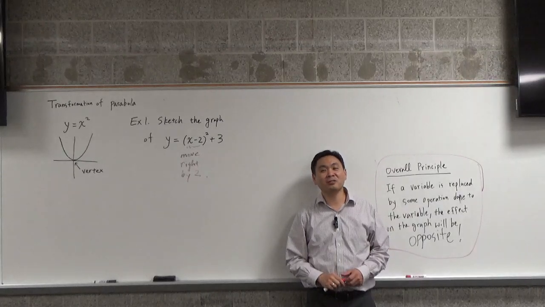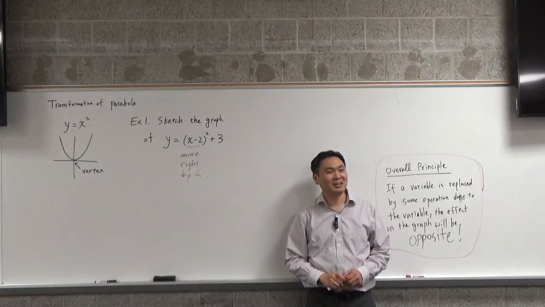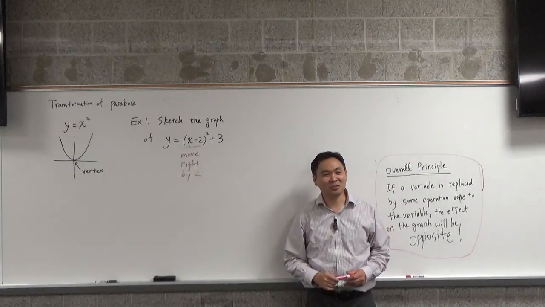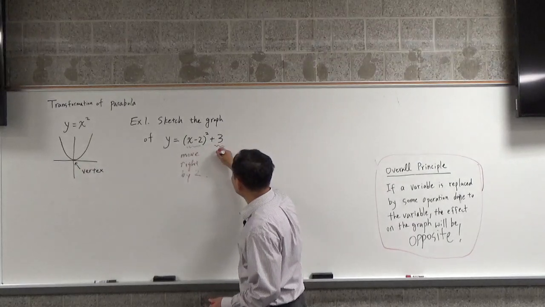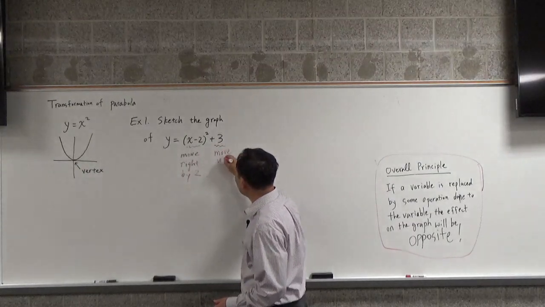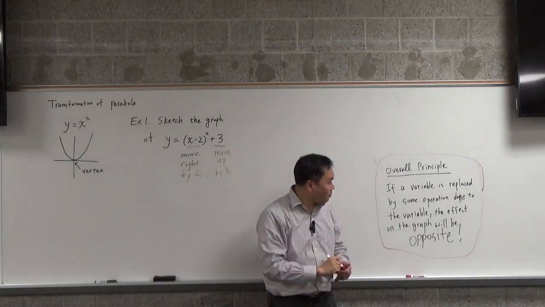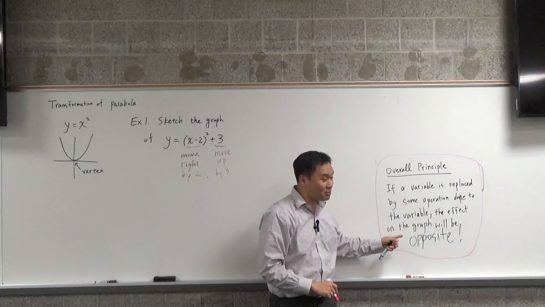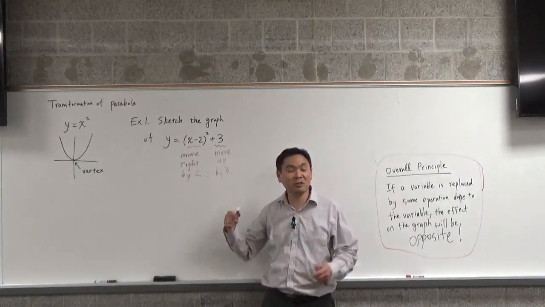It will move the entire graph up 3. Okay? Now, here's the confusion. It's actually going to move up by 3. But wait, I thought the overall principle was that if you replace, the graph would behave opposite. We added 3. Shouldn't it go down?